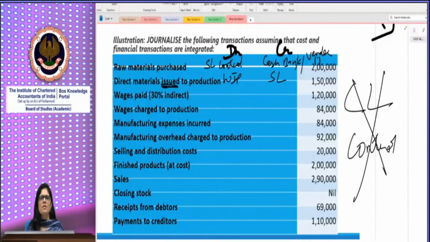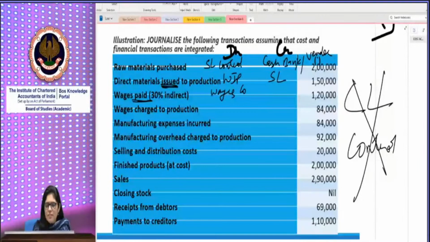In place of cost ledger, we use cash, bank, vendor, creditor, debtor, etc. In an entry where cost ledger control account is not there, there is no change between integrated and non-integrated. Students, I hope you have understood this. Clear? Good. Wages paid, now paid again. The entry with cost ledger will not come. So wages paid, it will be wages control account debit.